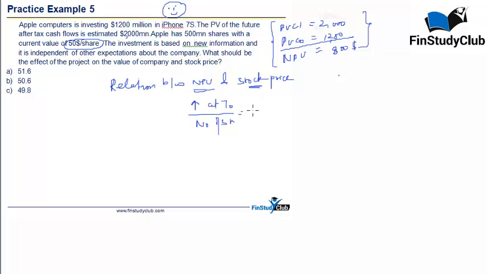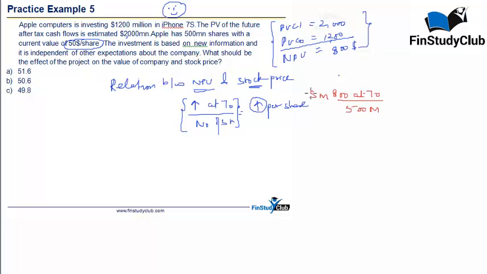So if you divide that by the number of shares, your per share value should move in the same direction and in this quantum. So if I were to calculate this question, your 800 is the perceived increase in the value at T0, divided by the number of shares, which is 500 million.